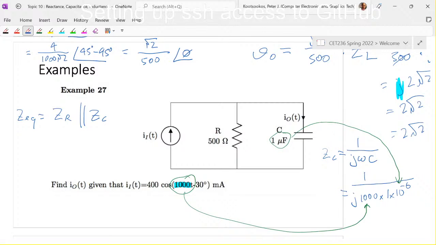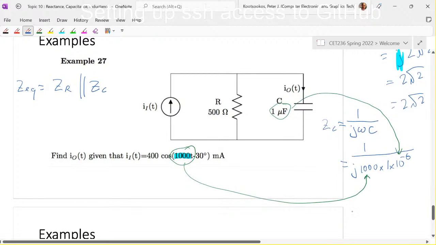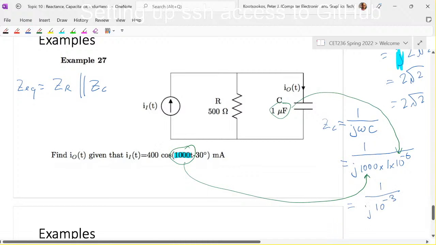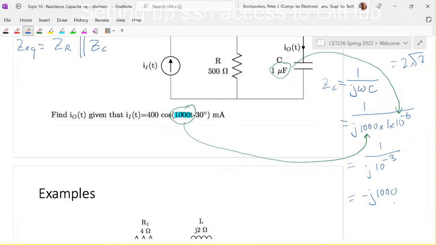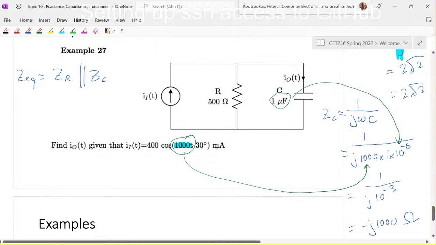I get a minus 1 on the bottom. So I get a minus J. So that's going to be equal to 1 on J by 10 to the minus 3, which is minus J 1000. And again, units of ohms. ZR is just 500, so that's easy.